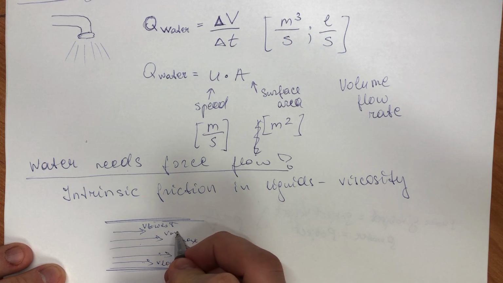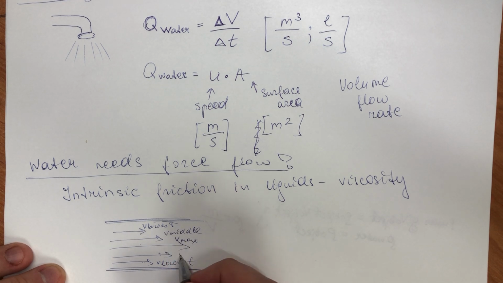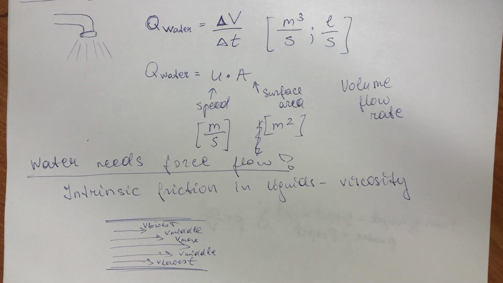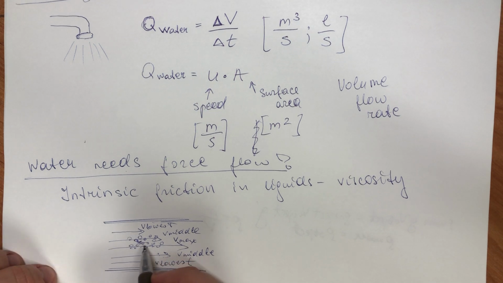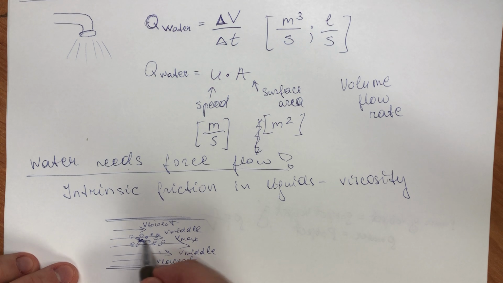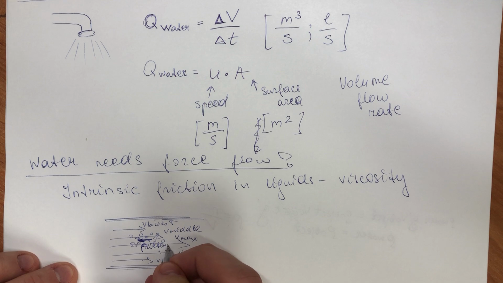This is V middle speed. This is because water and other liquids have intrinsic friction, called viscosity. When molecules flow in one streamline, they have friction with the molecules in the neighboring streamline. So between those streamlines, they are slowing each other down. There is a friction force in this direction.